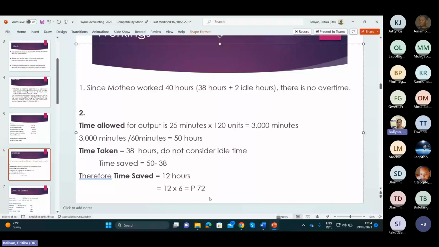Are you getting the same answer? Yes, ma'am. But normally the rule is that when somebody saves time, the remuneration of the saved time, 50% will be given to the employee and 50% will remain with the employer. So what is 50% of 72?